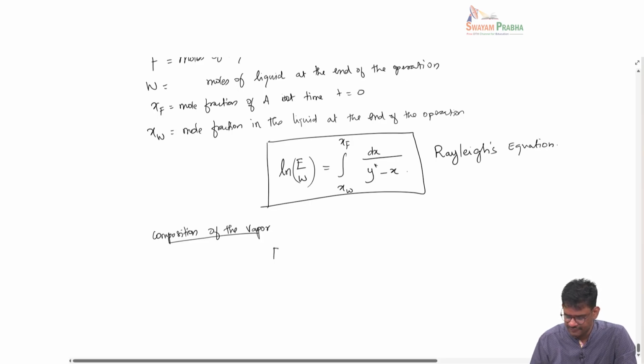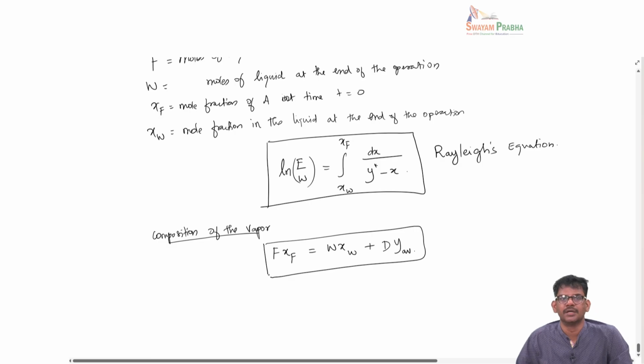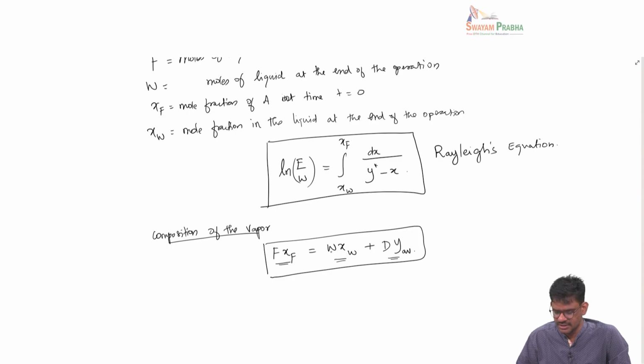So remember, F times xF should be equal to W times xW plus D times some y average. So what we are saying is, the total moles of A that is present in the beginning is actually now distributed into the residual liquid and the various amount of vapor that we have collected over a period of time. Okay, the liquid is existing at xW mole fraction, and W is the number of moles of liquid, and D is the total moles of vapor we have collected so far.